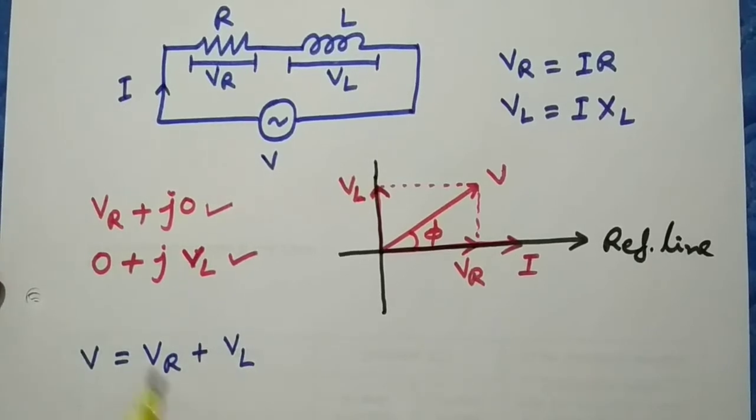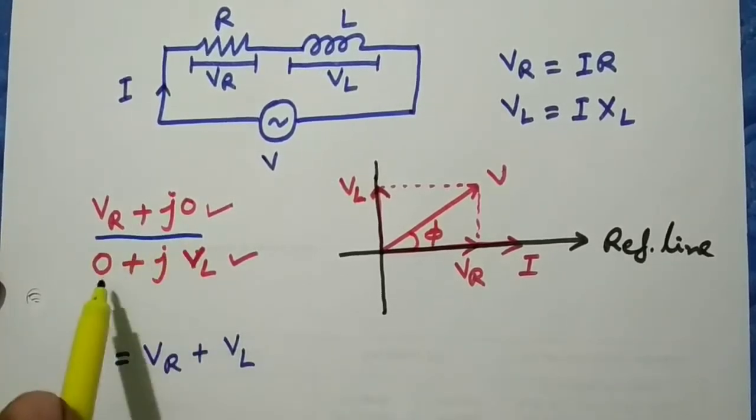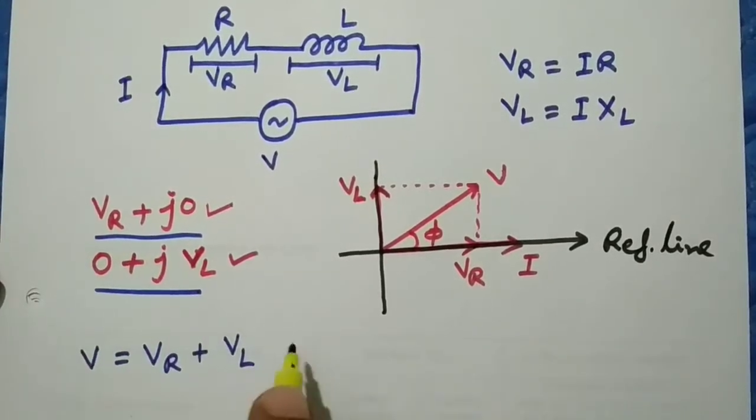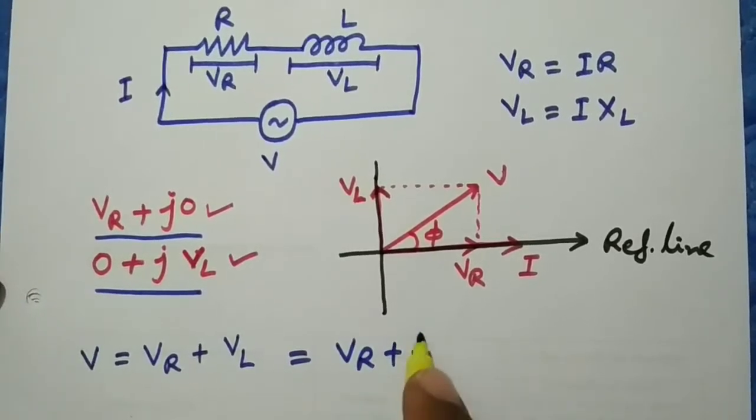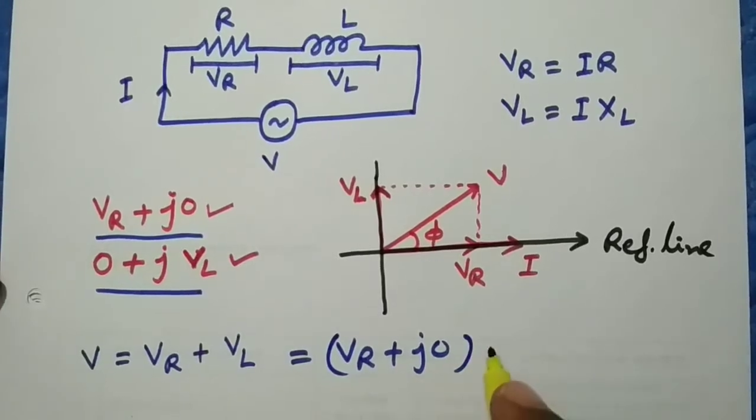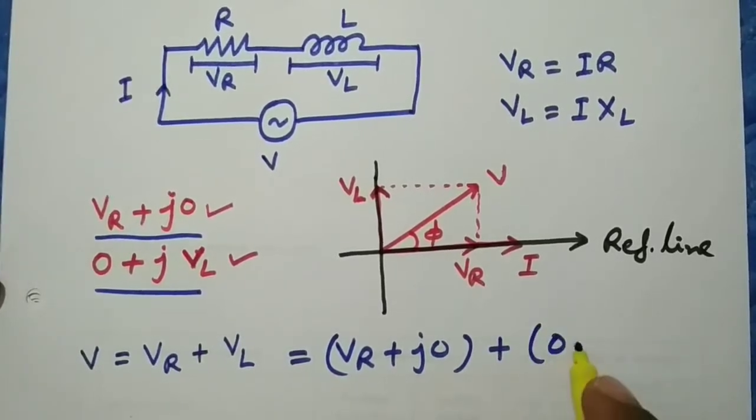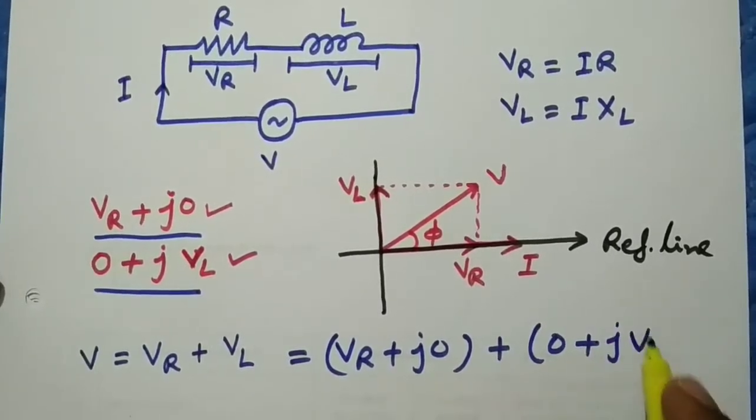But if we represent it in complex notation, it can be written as VR plus j0 plus 0 plus jVL.